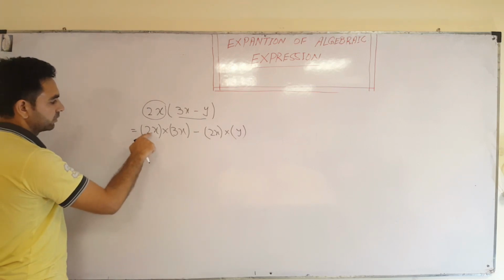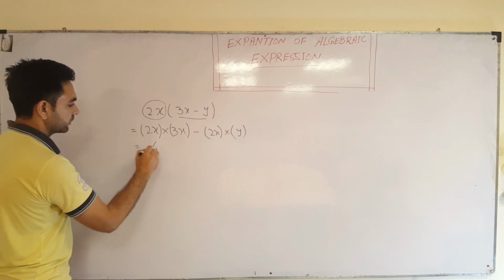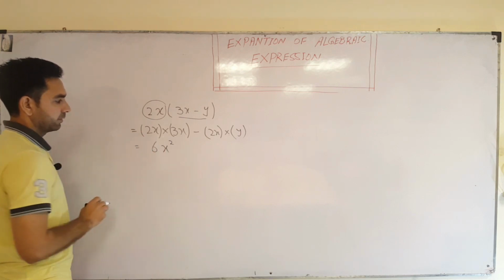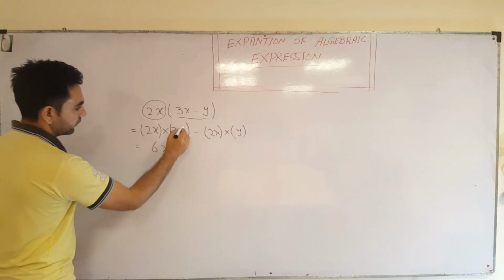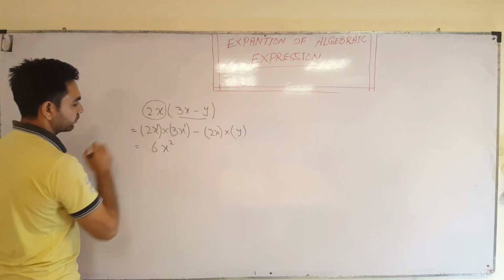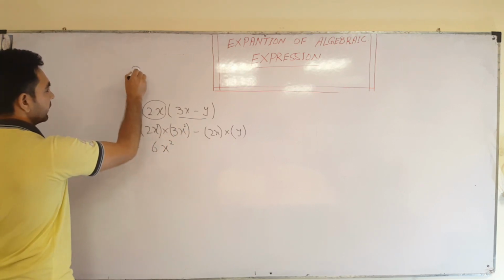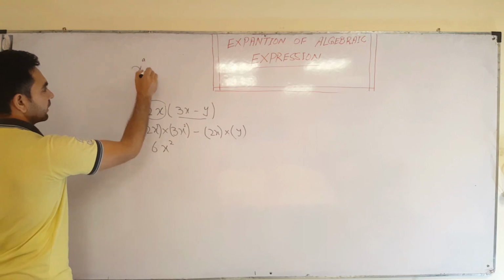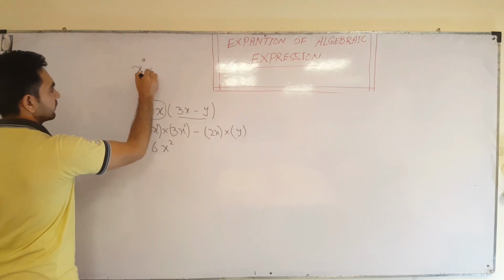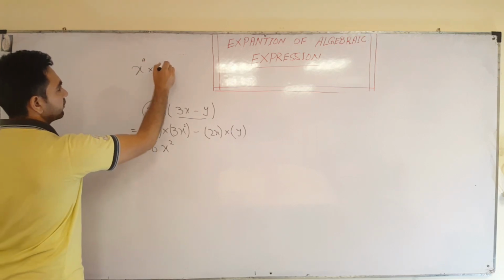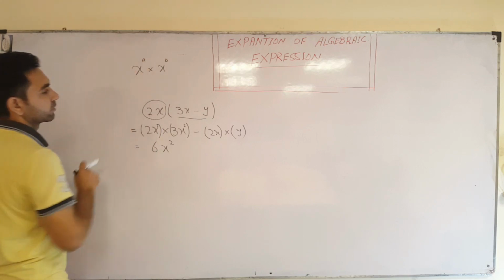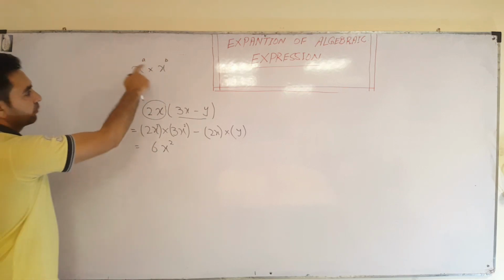Now 2x times 3x gives you 6x squared, because here the power of x is 1 and here the power of x is 1, and there is a rule that if you have the same base, then the powers are added.